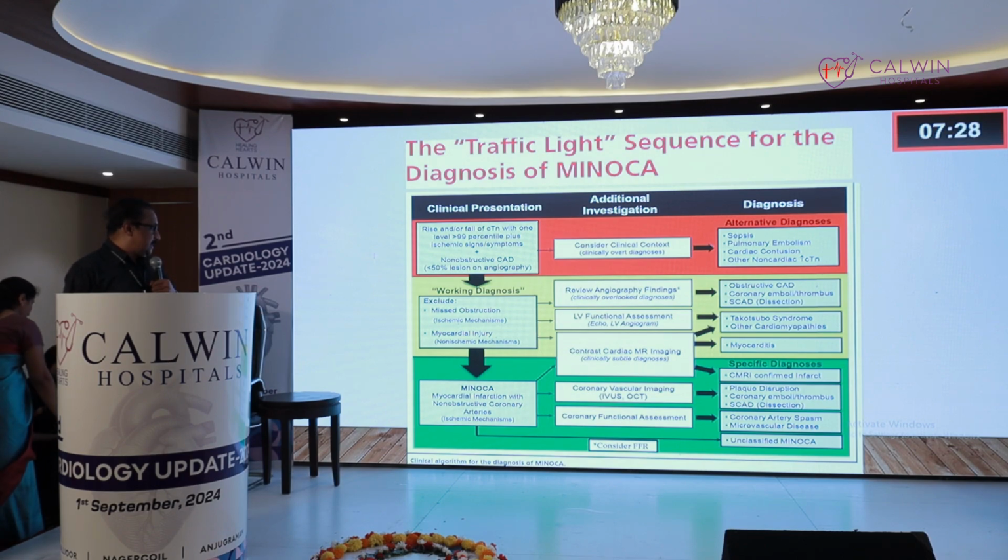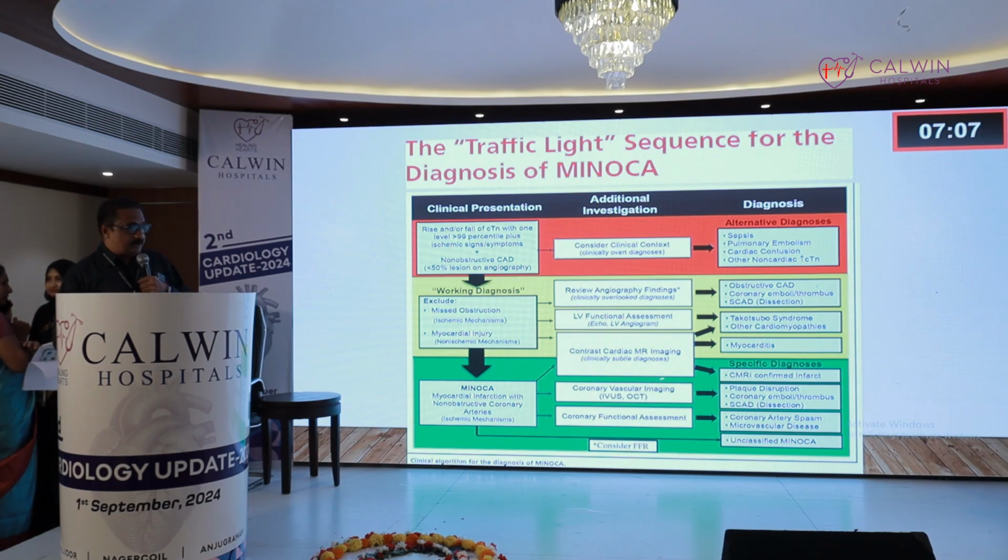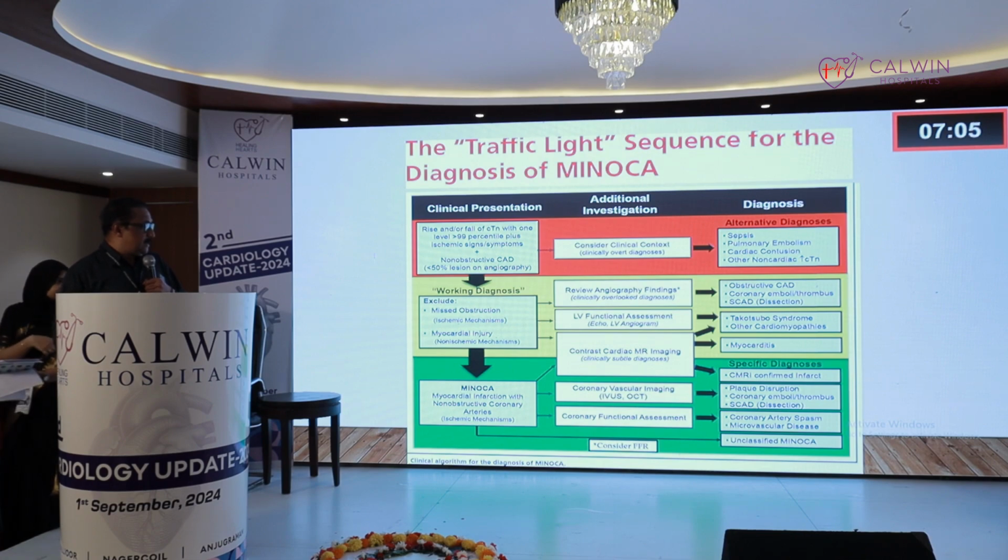And then you come to the ischemic mechanism. Once these are ruled out, you have the diagnosis of MINOCA, where again the MRI, as I showed in the second case, confirmed that the patient has an infarct even though the coronaries are normal. That is the situation where you should go for intravascular imaging like IVUS and OCT to look for any plaque disruption or presence of dissection.